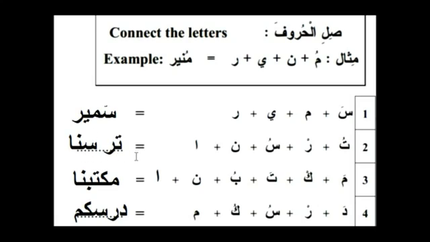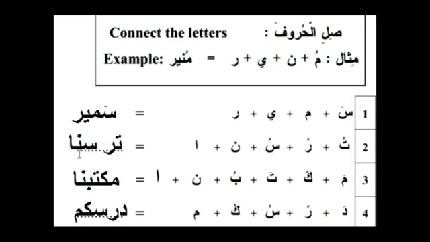The next word was Tursuna. The ta should have connected to the ra, as you can see here, because the ta is a connector and that's its connected form. The sin shouldn't have connected to the ra because the ra doesn't connect the letters after it. The sin should have connected to the noon because the sin is a connector.